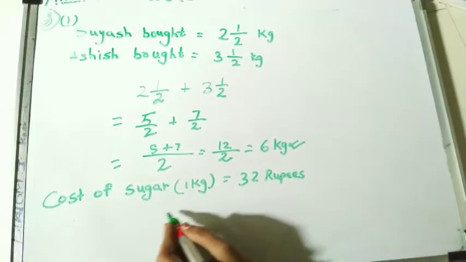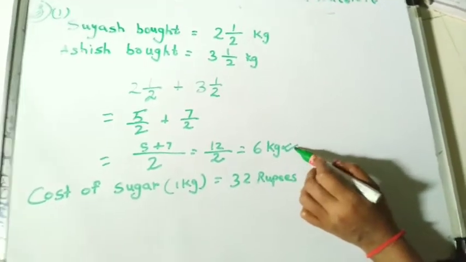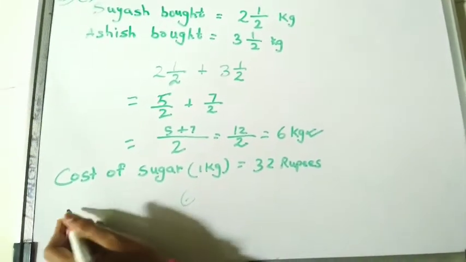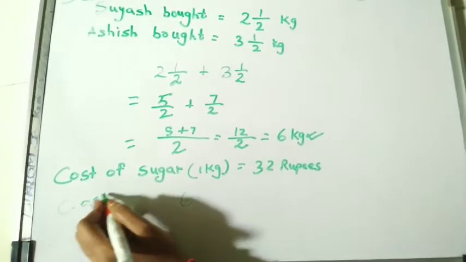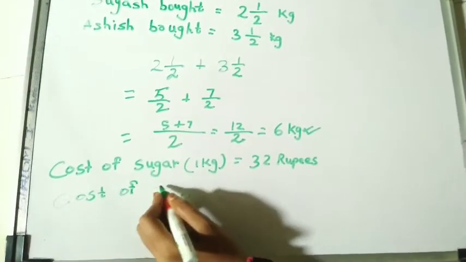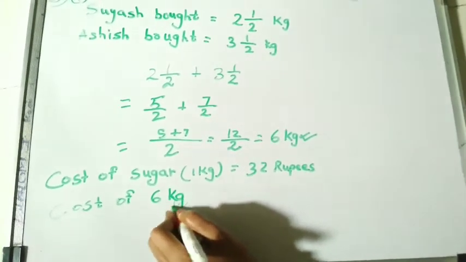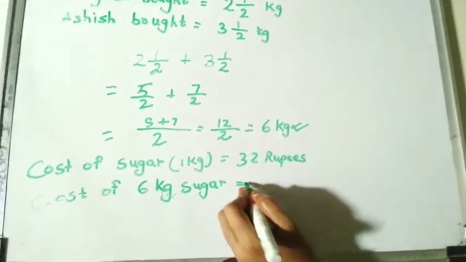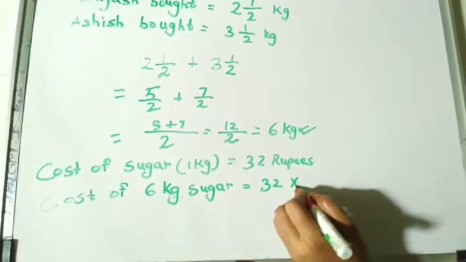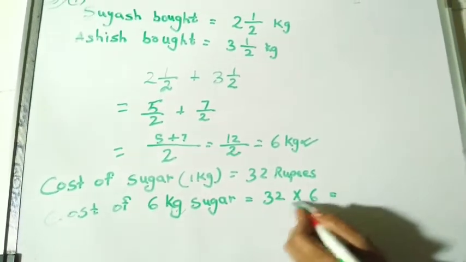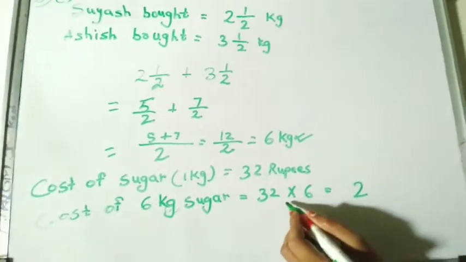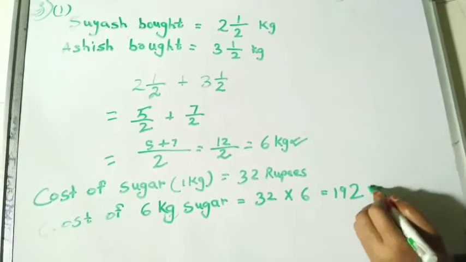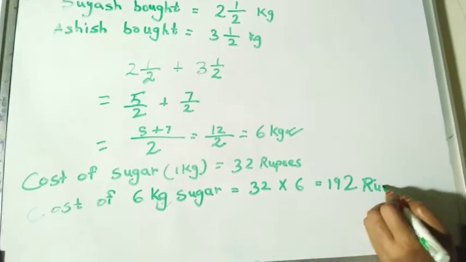Then the total how much sugar? 6 kg. Then the cost of 6 kg sugar is equal to 32 into 6. 6 2 is 12, 6 3 is 18 and 1 is 19, so 192 rupees.